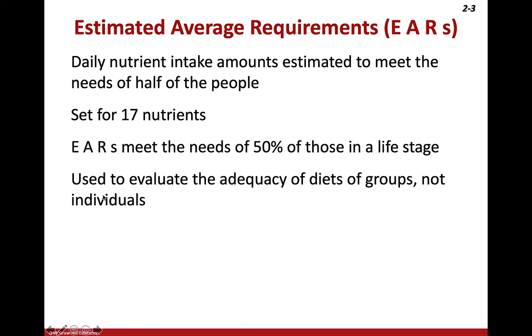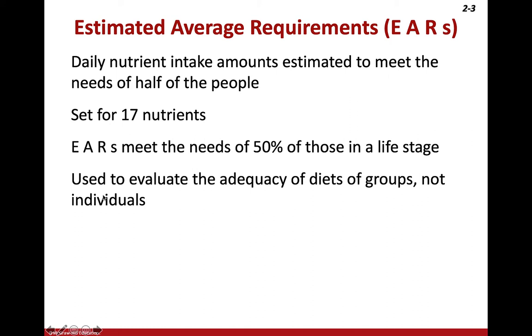The first are estimated average requirements, or EARs. Now, these are defined basically as the daily nutrient intake amounts estimated to meet the needs of half the people. This is a very big distinction, half the people. And so one of the things that these are going to excel at is evaluating the adequacy of diets of groups.